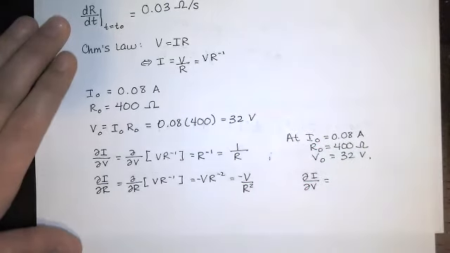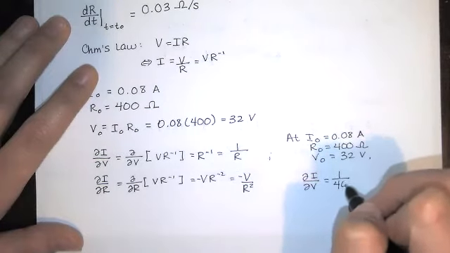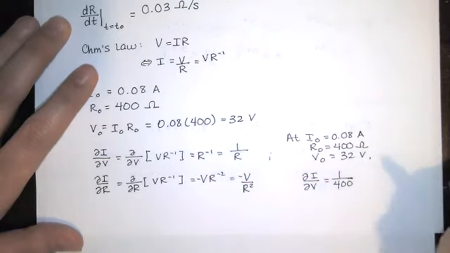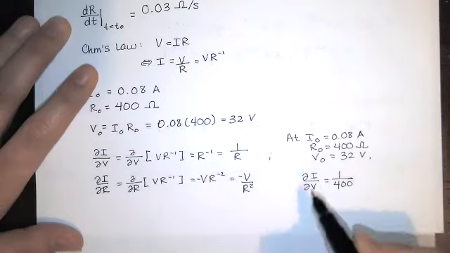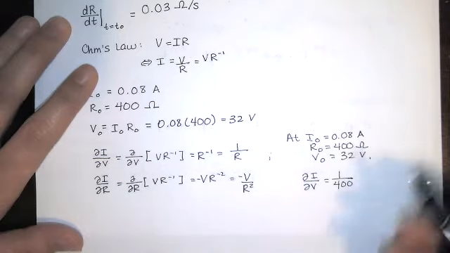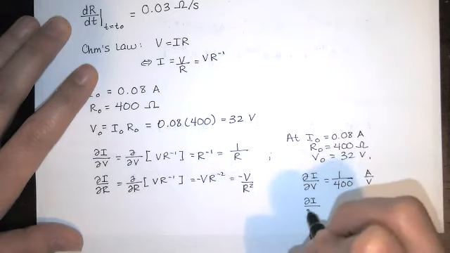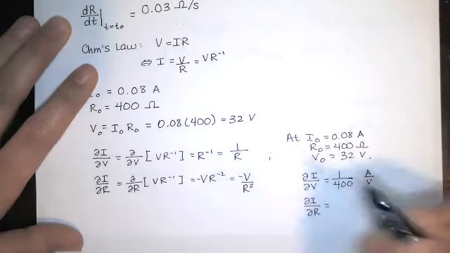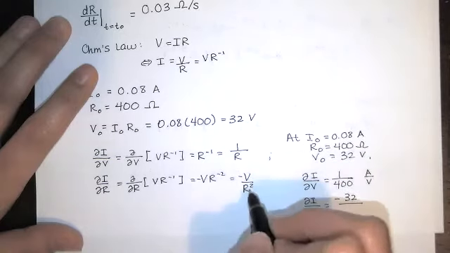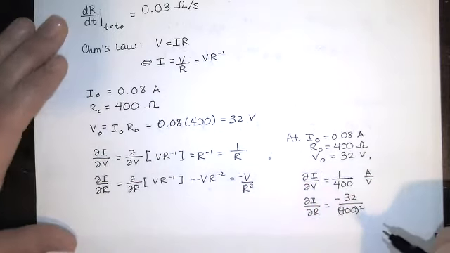So I get 1 over R, so it's 1 over 400. The units are the units of the numerator over the units of the denominator, so this will be amps per volt. And for this one, I want negative of the voltage, which is 32 volts, divided by that resistance squared, so it's 400 ohms squared.